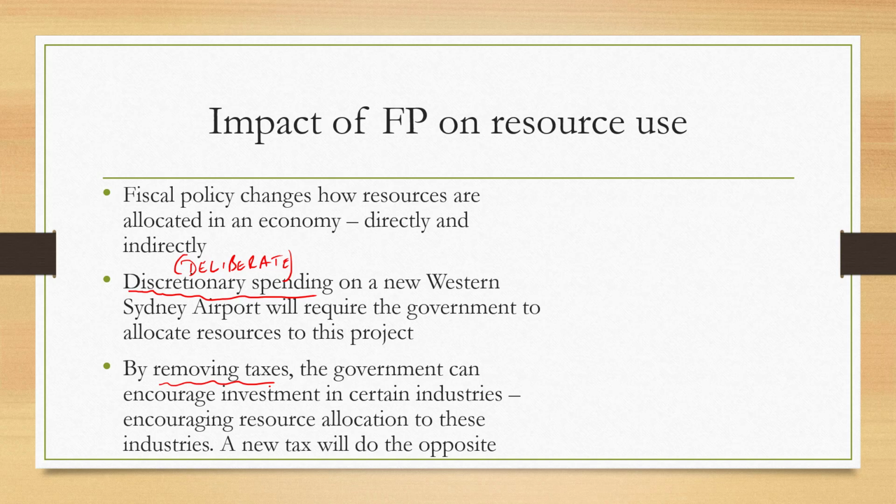On the flip side, a new tax will discourage resources because it's more expensive to produce. So fiscal policy changes will directly affect where resources go in an economy.